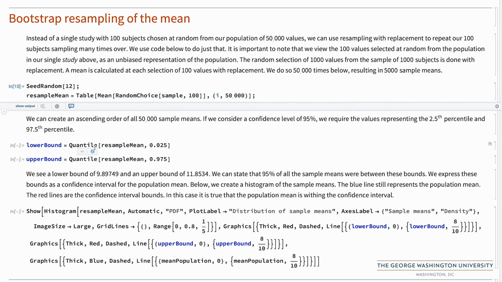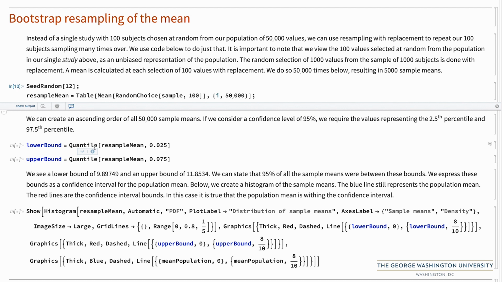Now that I've done it 50,000 times, think back at our measures of dispersion. Think about the median. The median was also known as the second quartile or the 50th percentile, such that that median value would have half of the values less than it and half of the values more than it. But that is the 50th percentile. Let's think about the 2.5th percentile and the 97.5th percentile.